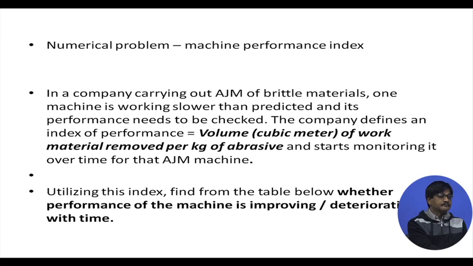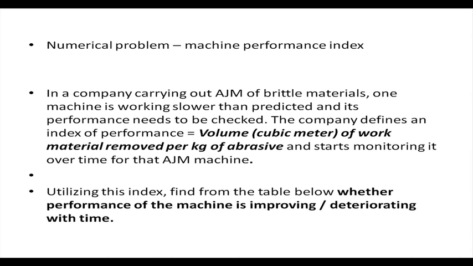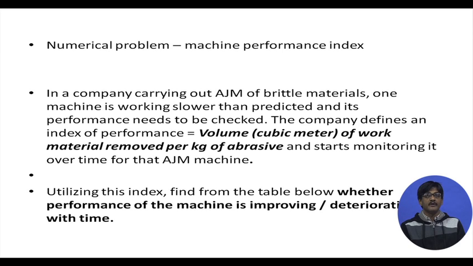Next, now we take up a problem on performance index estimation, machine performance index. In a company carrying out EGM of brittle materials, one machine is apparently working slower than predicted, and its performance needs to be checked.